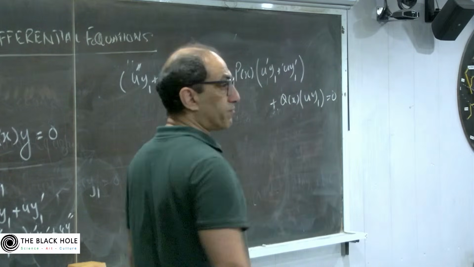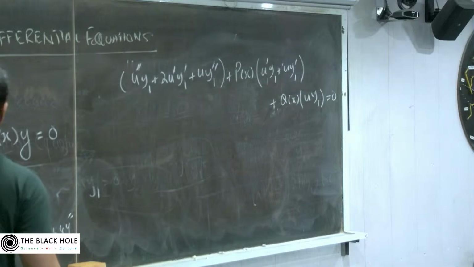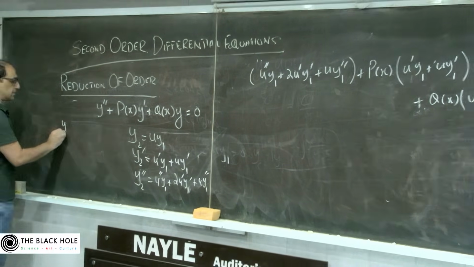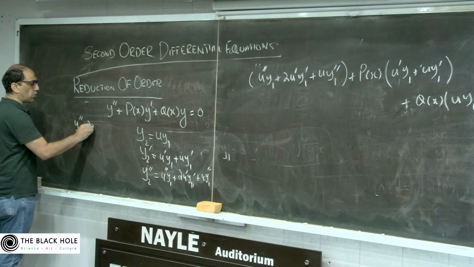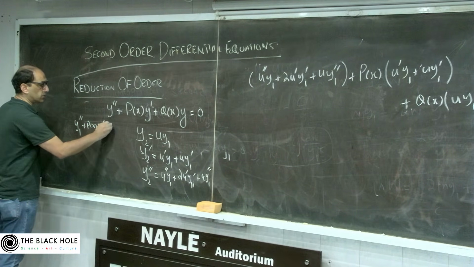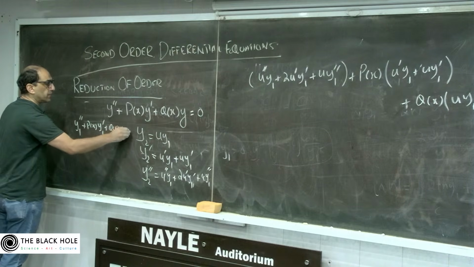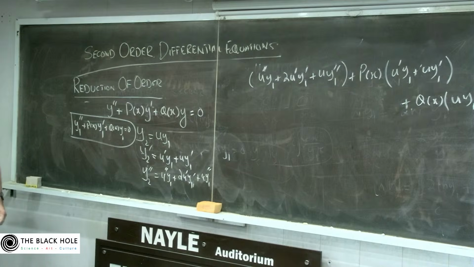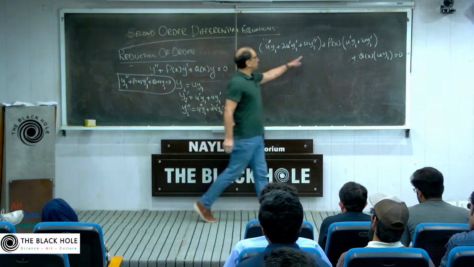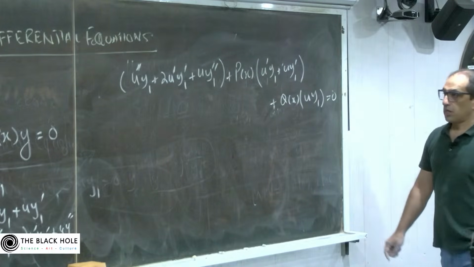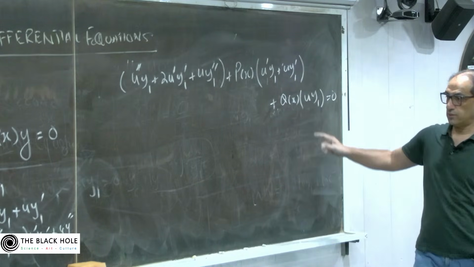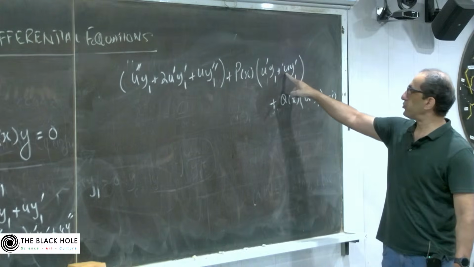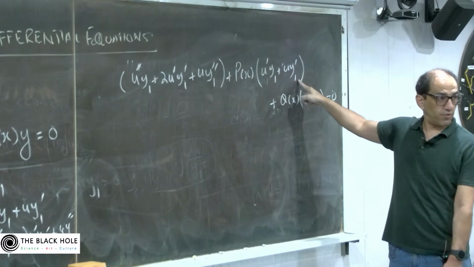So what are the terms that will give me 0? I can write that if I know one solution, that y1 is one solution, it means y1 double dash plus p of x y1 dash plus q of x y1 will give me 0. Okay? So tell me which terms go to 0 here. Q of x u y1, p of x, so you take u common. If you take u common, this will be p of x y1 dash.